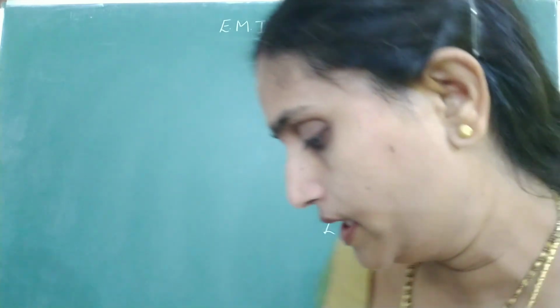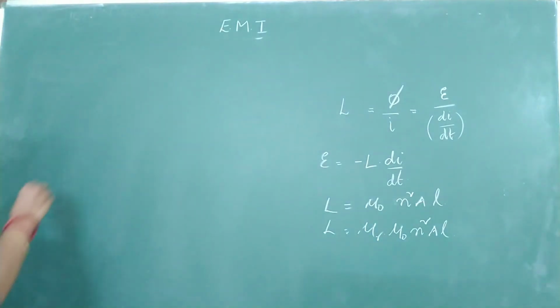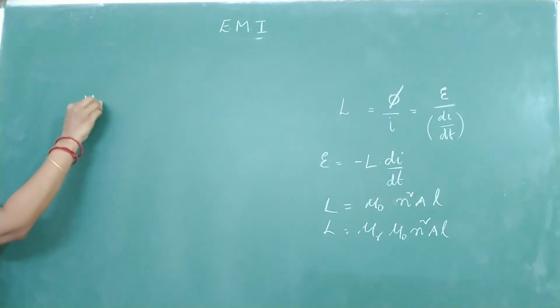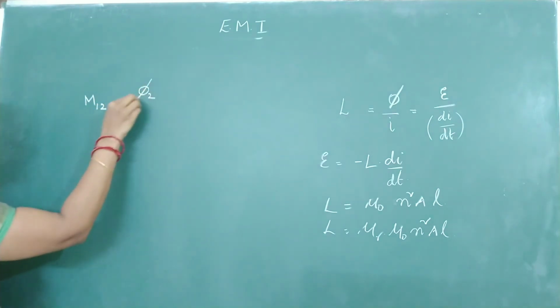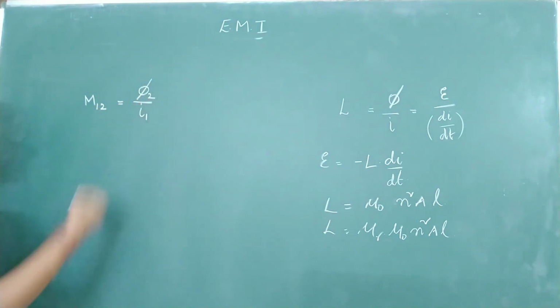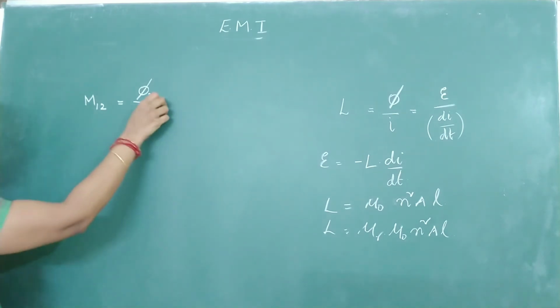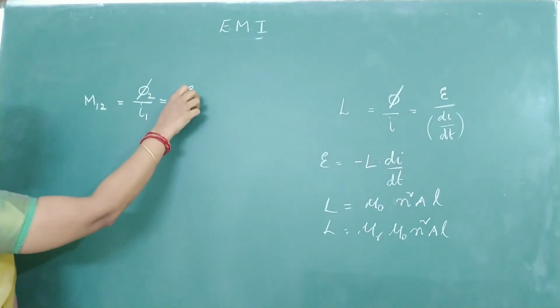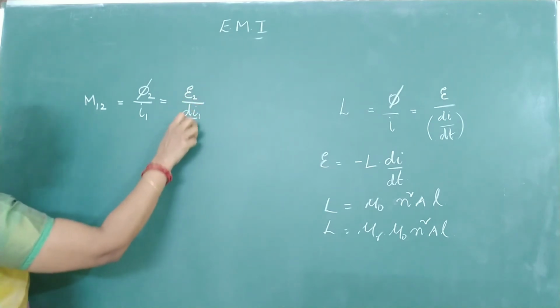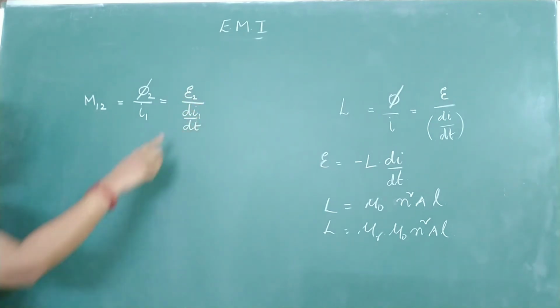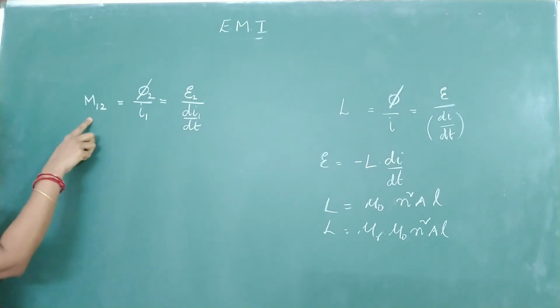Then coming to mutual inductance. Okay, how did we define mutual inductance of one coil with respect to another? It is the flux induced in the second coil when current in the primary coil is 1 unit, or it is the induced EMF in the secondary coil when rate of change of current in the primary coil is unity. So this is how we have written the mutual inductance.